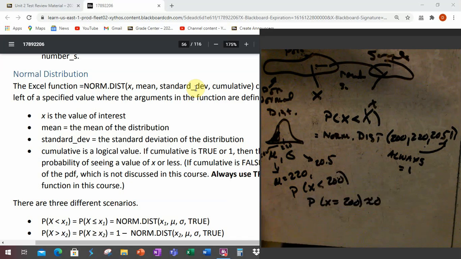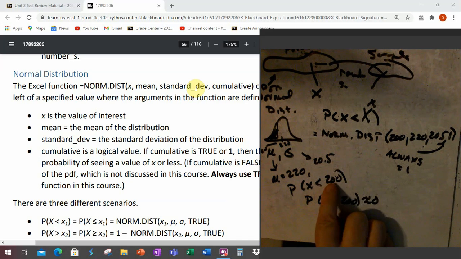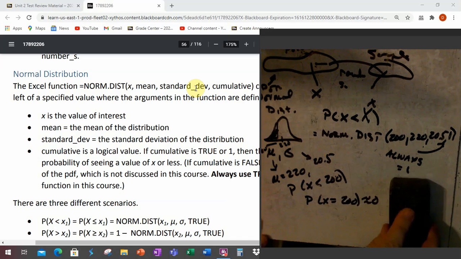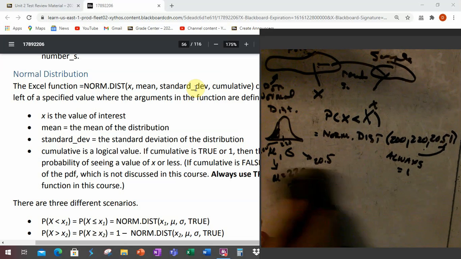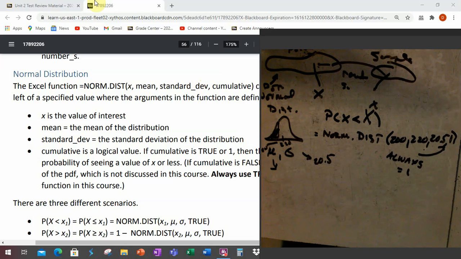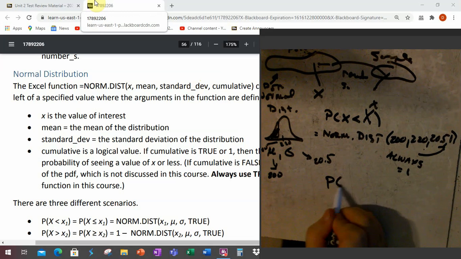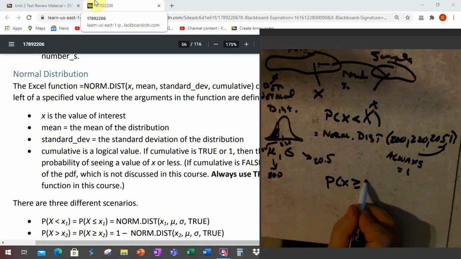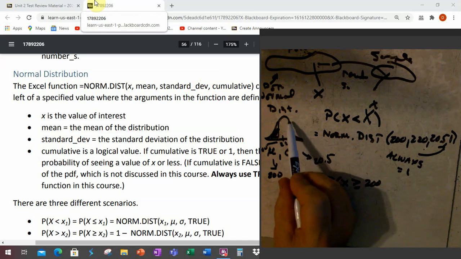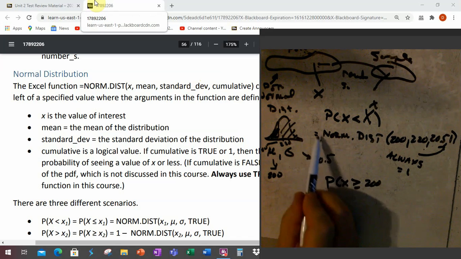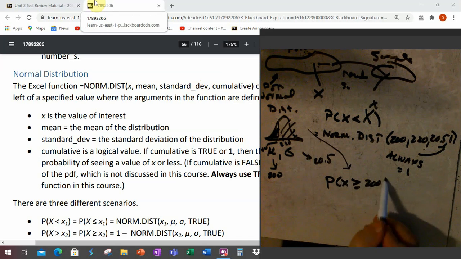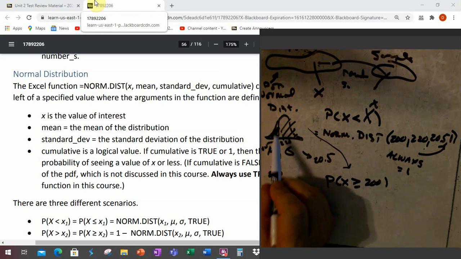So anytime that we're saying, what about if I wanted the number that's larger, what would be the probability? So here's my 200 again. If I wanted to know the probability that x was greater than or equal to 200, this would be this area, okay? Norm.dist is only going to give you this.